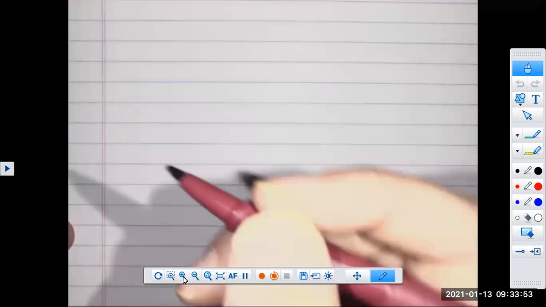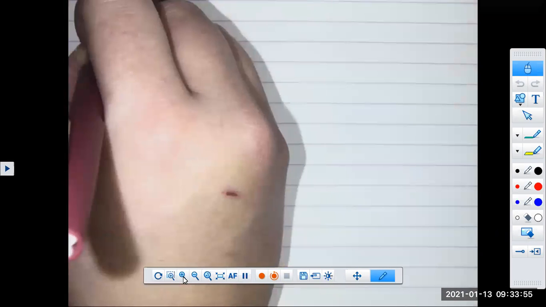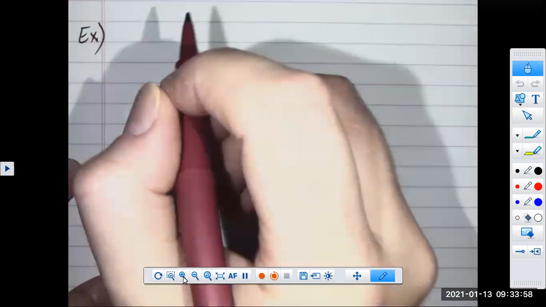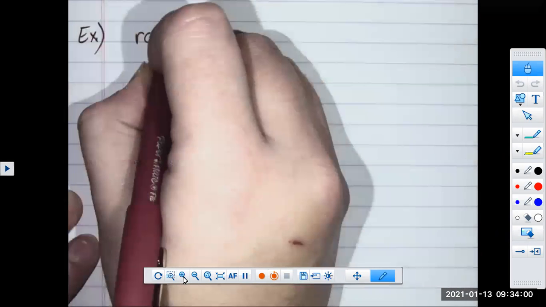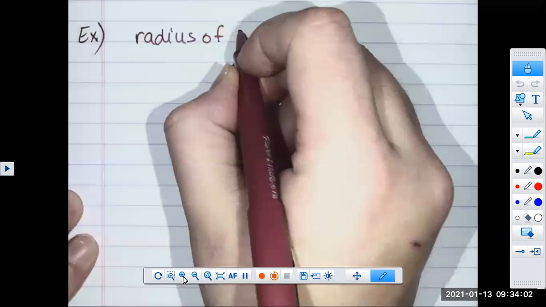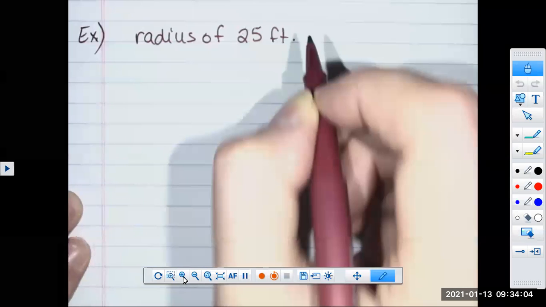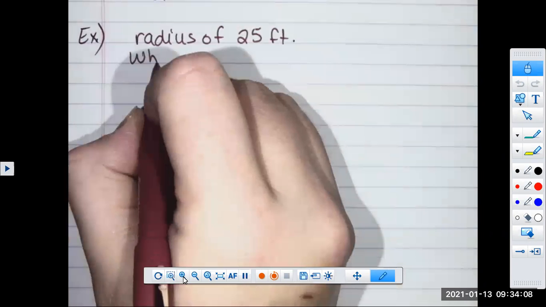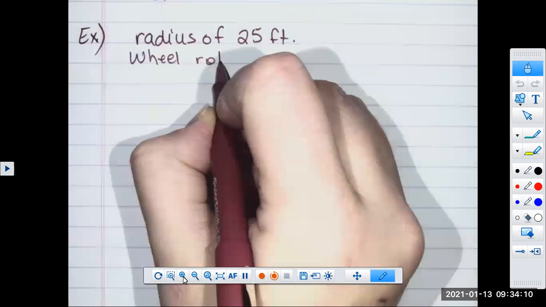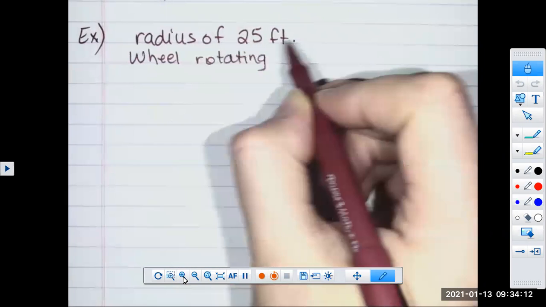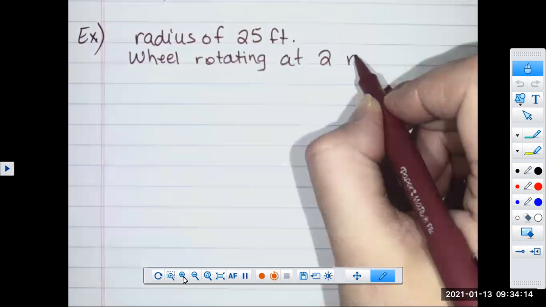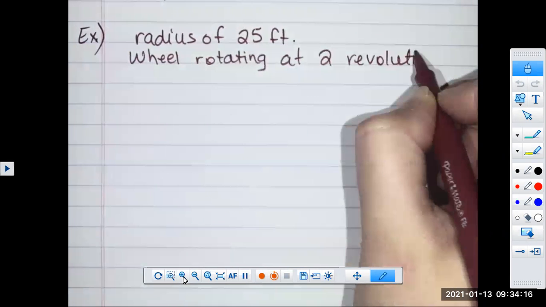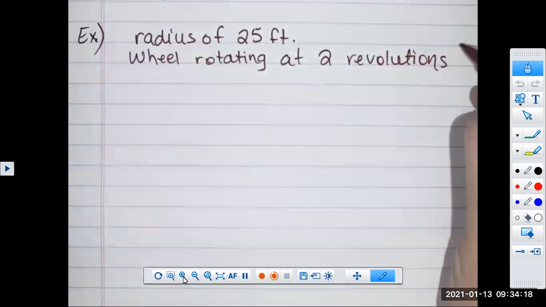Okay, last example. You've got a Ferris wheel that has a radius of 25 feet. The wheel is rotating at 2 revolutions per minute.